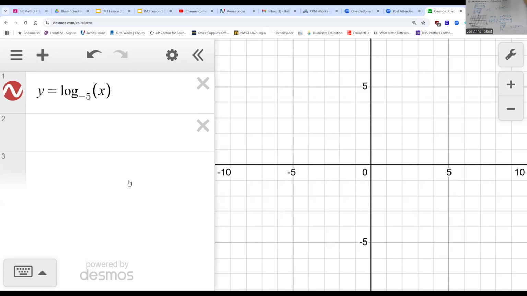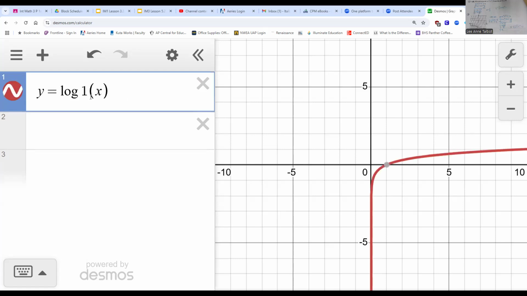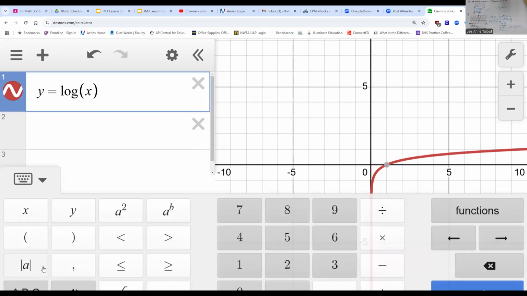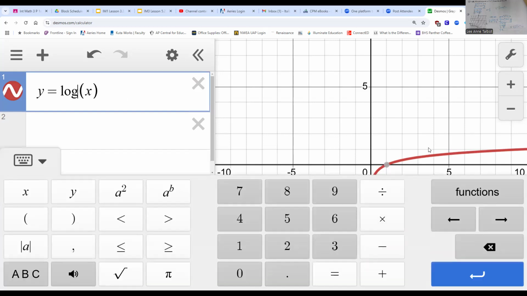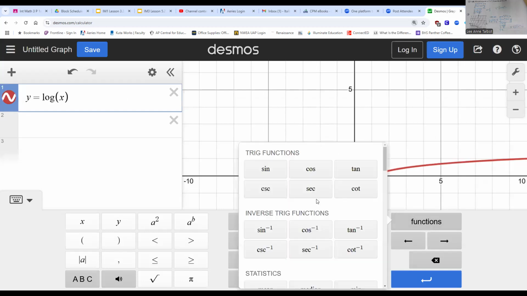What other kind of weird possible numbers can we try? 1. I heard you say 1. That's so, how do I fix that without it? How? No, I don't. Okay. I'm so irritated.